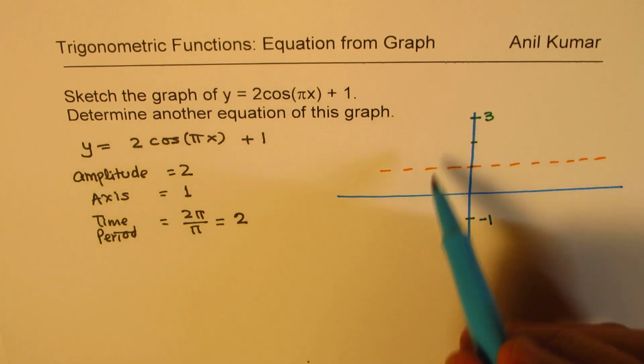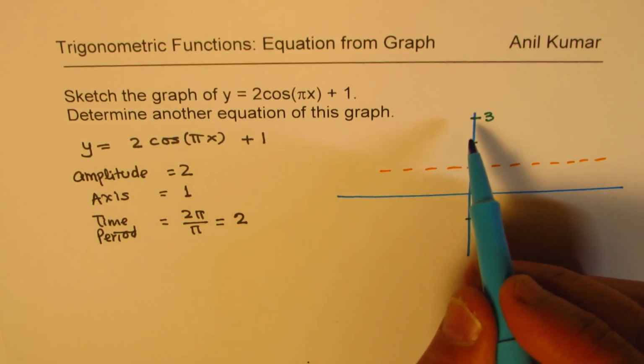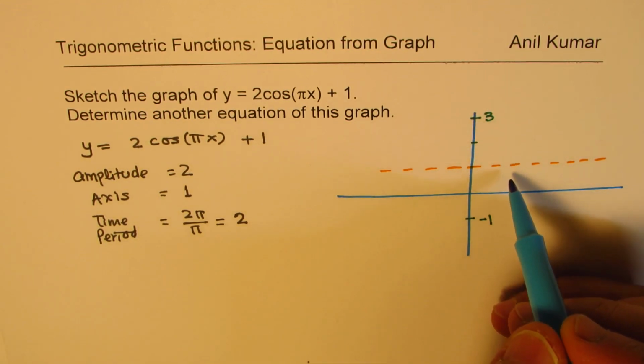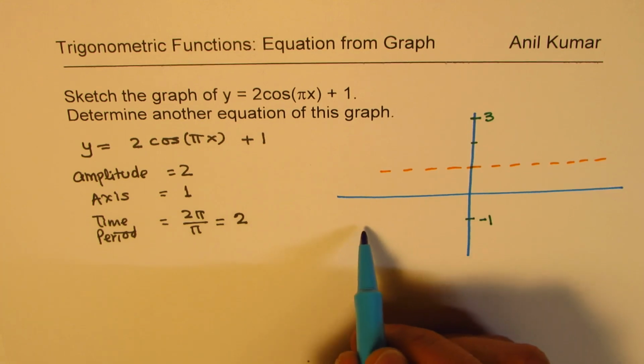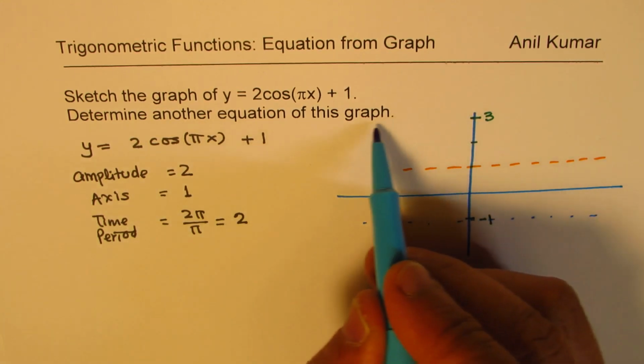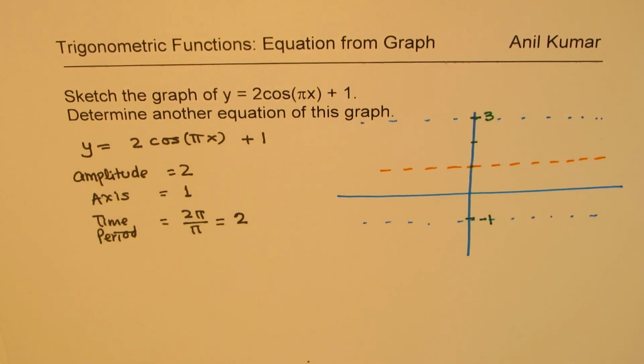Right? So that is the kind of graph we are going to get, and it is a cosine function, so it will start with the maximum, correct? And this is the minimum. So we can just draw, these are my guidelines, okay? They are not part of the graph, but these are guidelines.